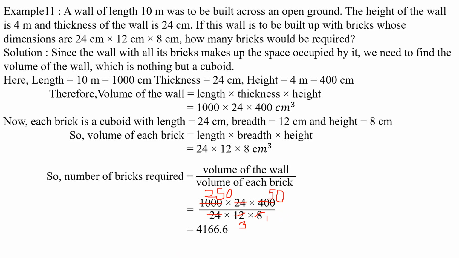Let us multiply these two numbers. What will you get? 25 fives, 125, and 2 zeros, whole divided by 3.